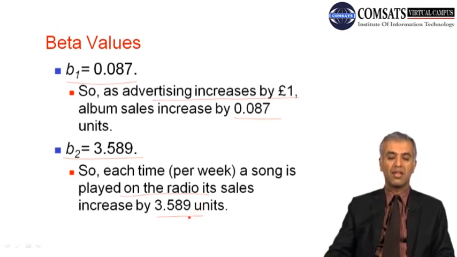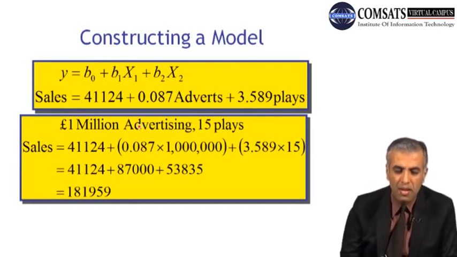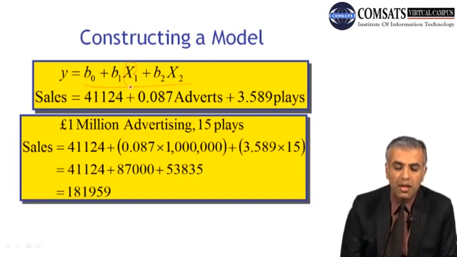Then after this, let's have a look at the model. And in this model, this is very much clear. This is our standard regression equation, and if we take x1 as the advertisements here, and x2 as the number of plays, we can deploy their relative coefficients here.